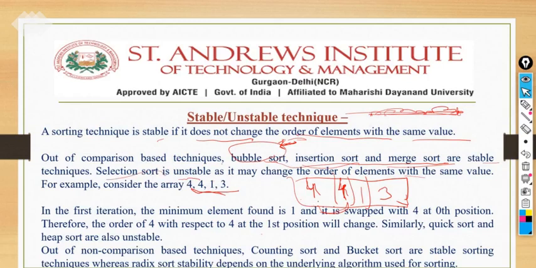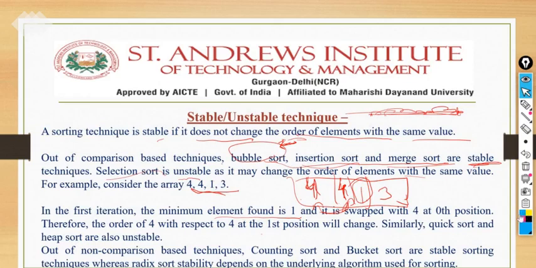If the order remains the same, that is, the first 4 comes at the first place and the second 4 comes at the next place, then this type of sorting is known as stable sorting. Now in the first iteration of selection sort, the minimum element found is 1, and it is swapped with the 4 at the 0th position.